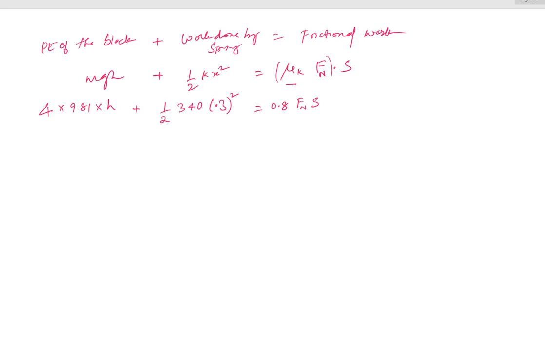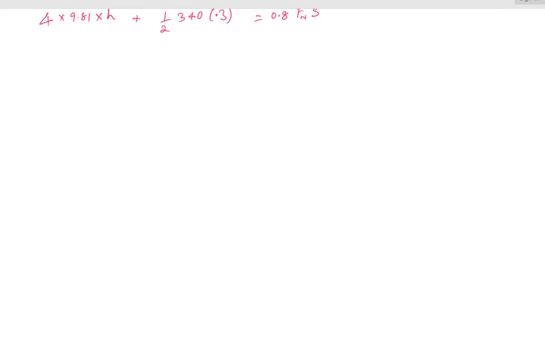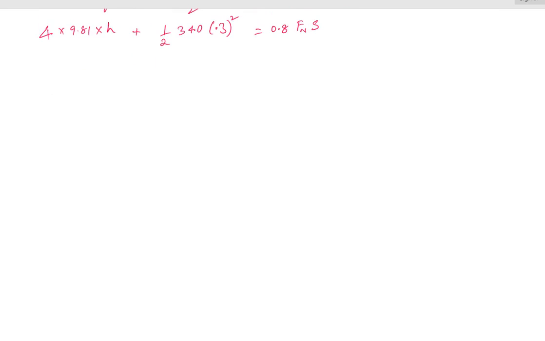Okay. So here there are two unknowns, h and s, but h and s are actually related. If we look at the block, this is 10 degrees, I'm just drawing an exaggerated view, so that the free body diagram looks clear.